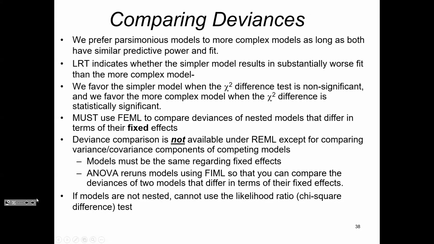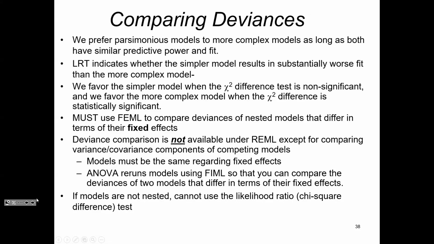But you can't compare the deviances that you get under REML unless you're comparing variance covariance components. So you can't compare two models that differ in their fixed effects using the REML deviances, but you can compare two models that differ in terms of their variance components using REML.